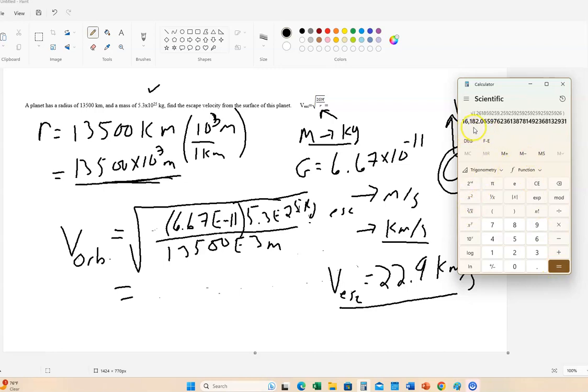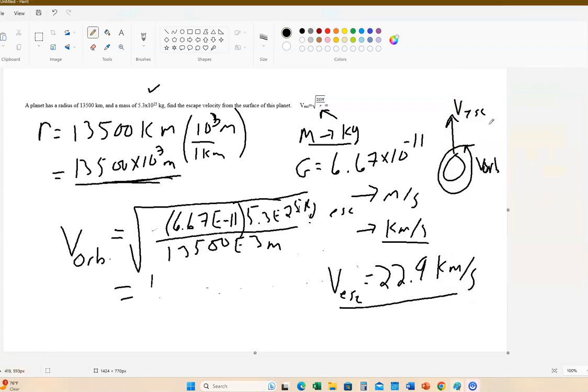All right, so notice now it's 16,182. And of course, that's meters per second. That's the orbital speed. But of course, it would be 16.1, right?